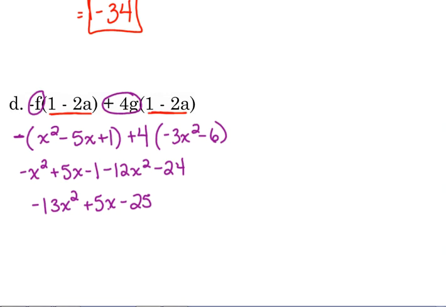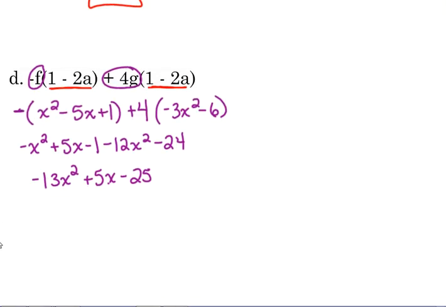Now, I'm not finished. I've done the linear combination part, but I still haven't touched that 1 minus 2a part. So here's where it comes into play. Just like in the negative 1, everywhere we see x, we're going to plug in that 1 minus 2a.